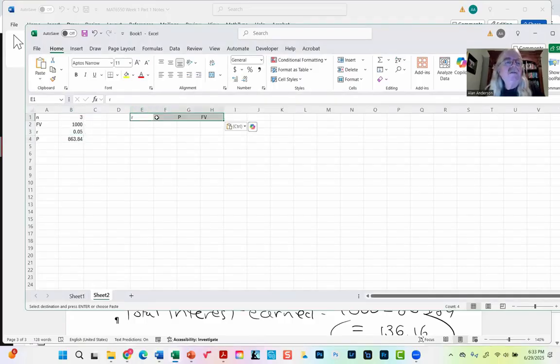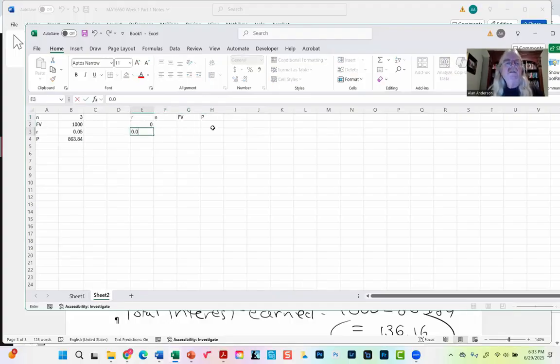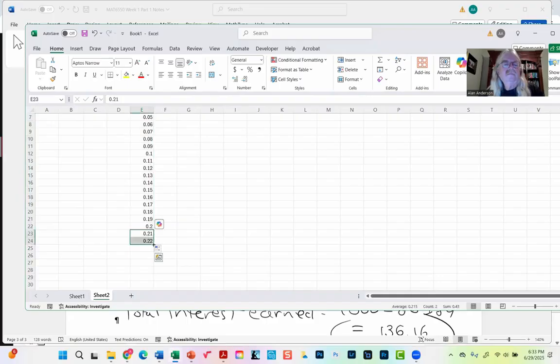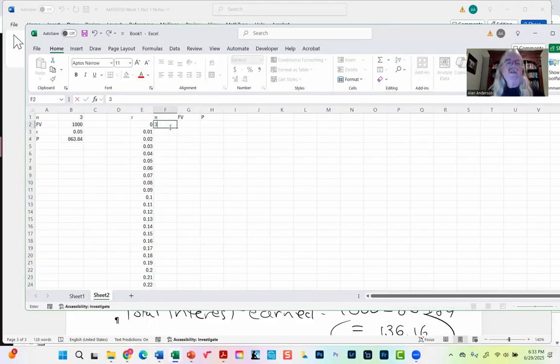Except this time, I'll reverse these two. So we'll let R be everything. We'll go up to 25%. N is 3.